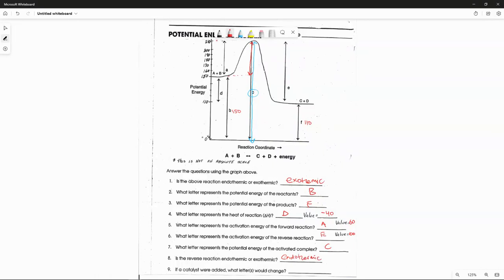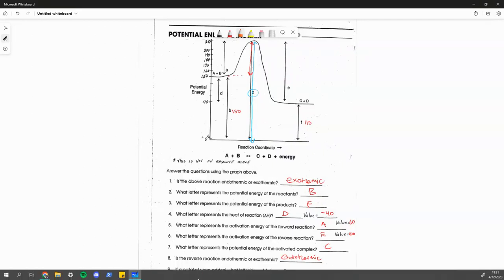Last question. If a catalyst was added, what letters would change? If you take a look here, the only letters that are affected are going to be the ones dealing with the activated complex and the activation energy, because all a catalyst is doing is lowering this activation energy down below.